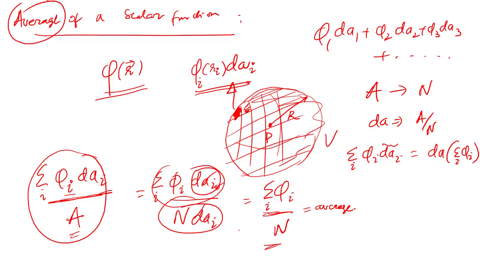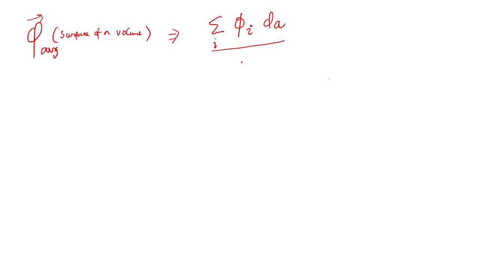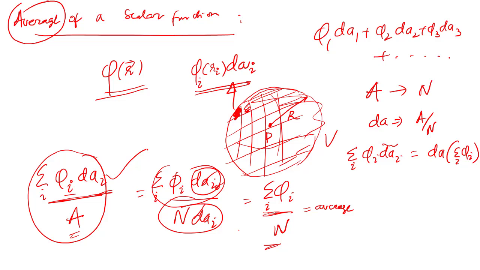I can write the average of a function phi over the surface of a sphere, or a volume in general, as the sum over i of phi i dA divided by the total area A. That's what we had done here, right?